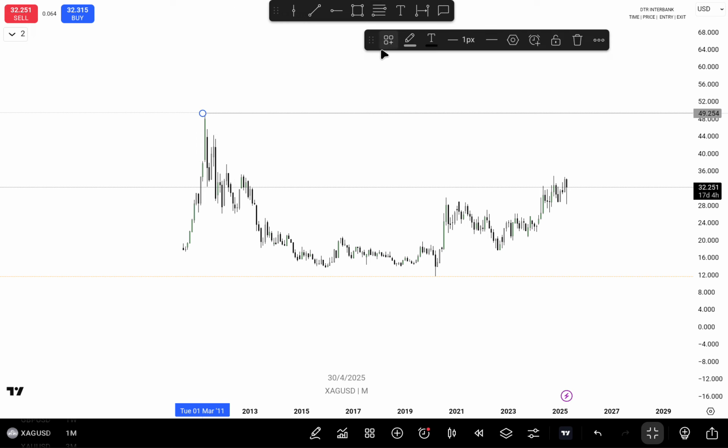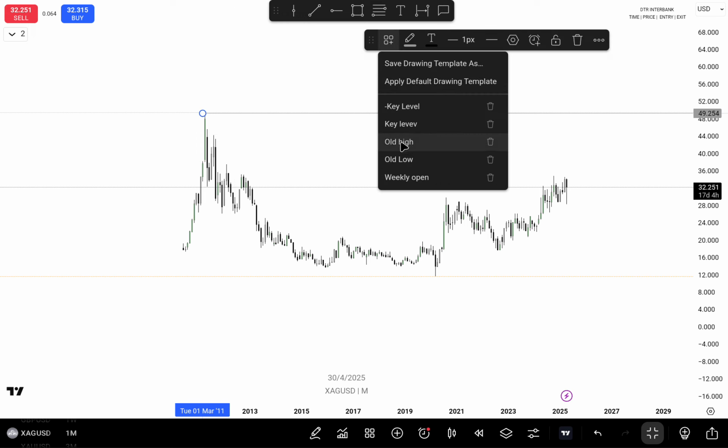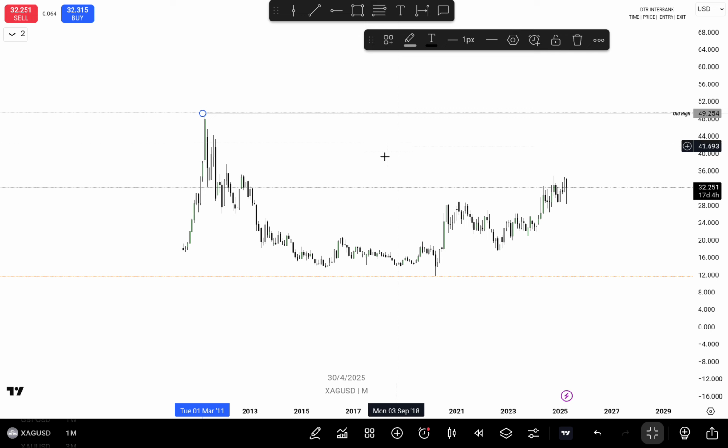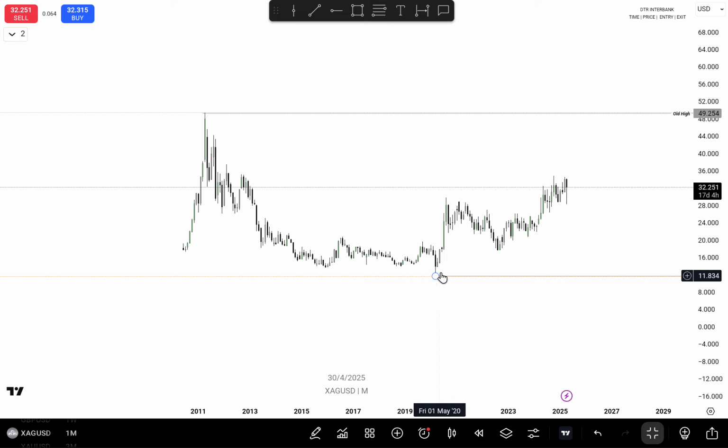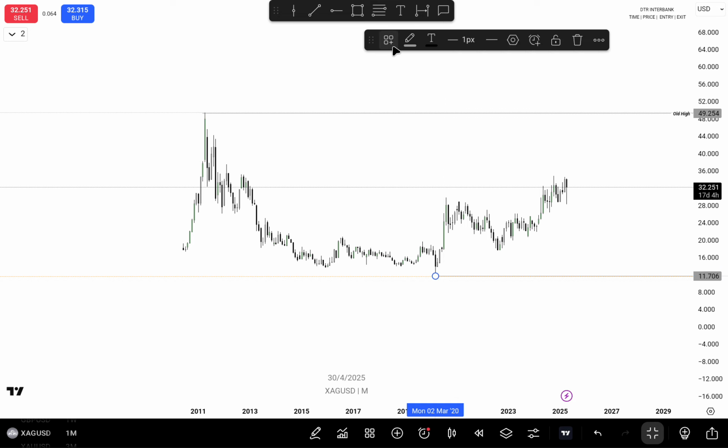I already have templates, I don't want to stress myself, so these are my templates I use on the horizontal line. So I just put it as old high, and then I'll mark the old low. This is the old low.